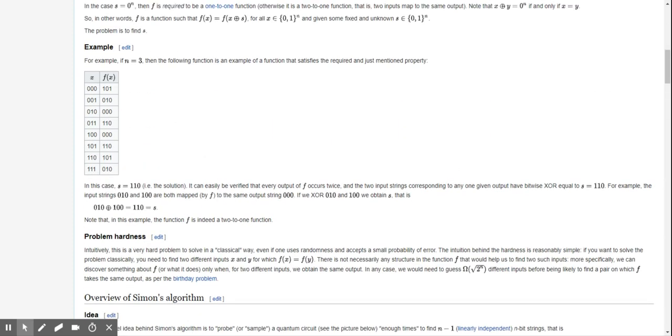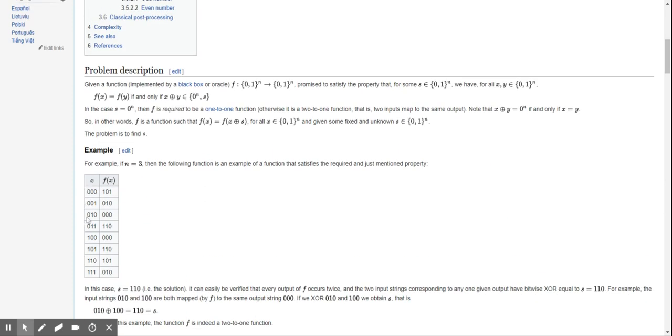Because in this case, s is what we're trying to find, that s such that if we apply any x or s, then we have 2 items that have the same element.